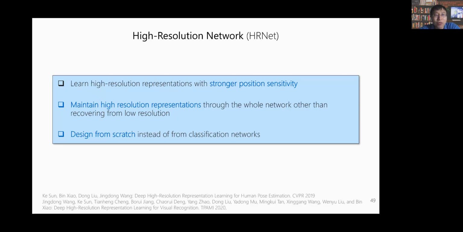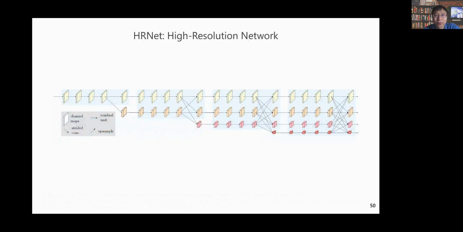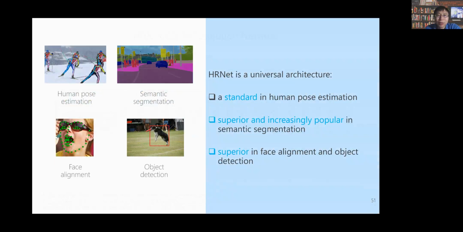So for architecture design, HRNet is designed from scratch instead of being based on previous classification networks. So this is the architecture for HRNet. HRNet was initially designed for pose estimation, and later we extended it for segmentation and detection.